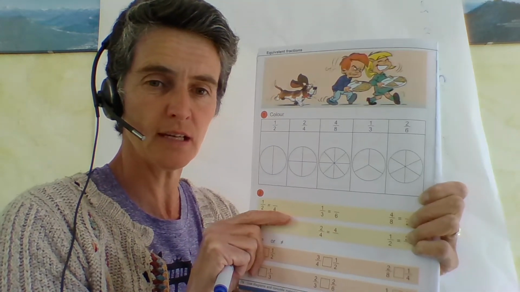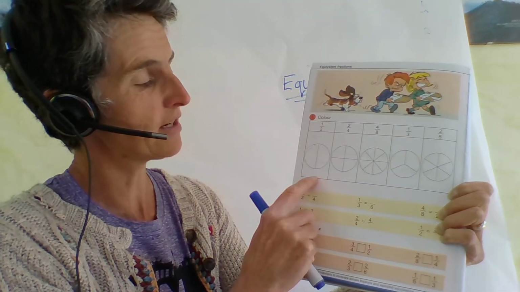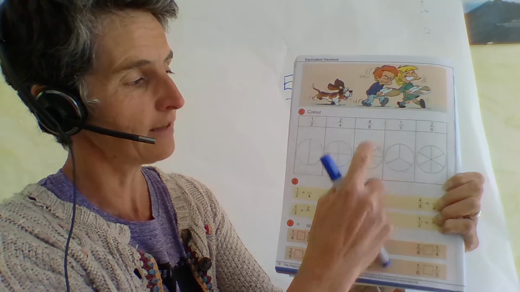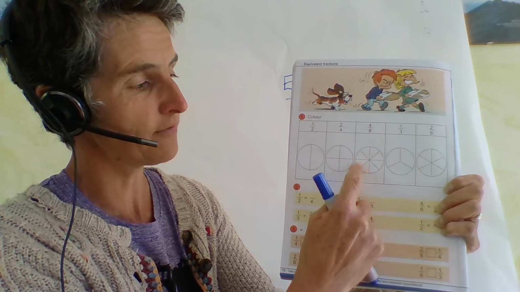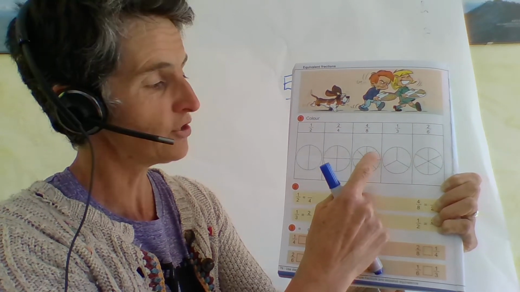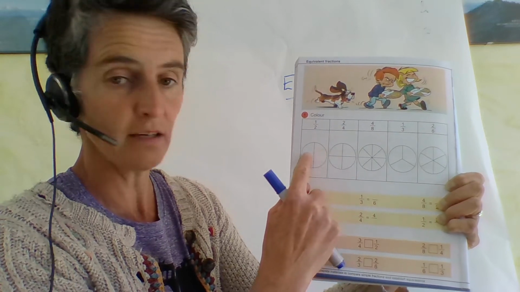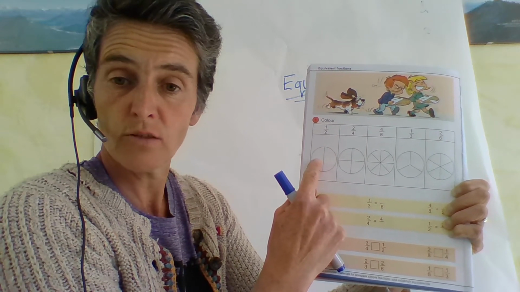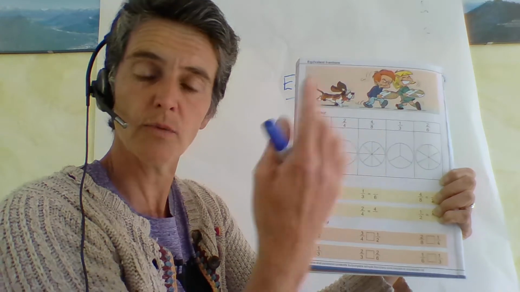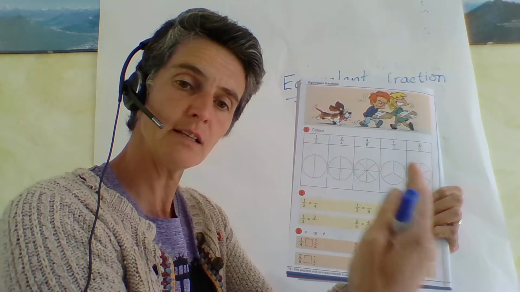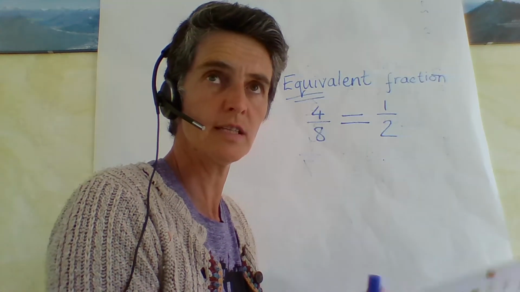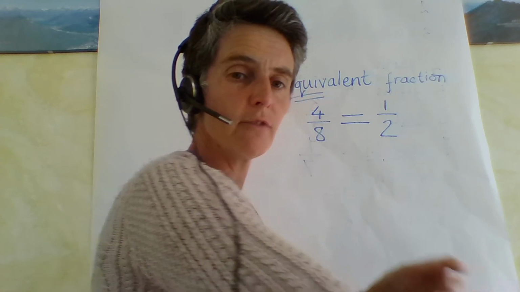And in our meeting, we had a little look at that diagram whereby 4/8, 4 out of those 8 parts there, are just the same as having what is cut into what looks like a half. Okay, so we know they're written differently, we say them differently, but they're worth the same amount. That's an equivalent fraction.